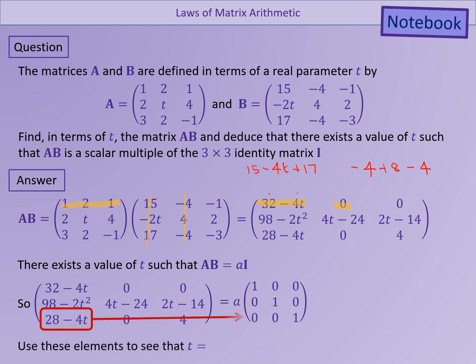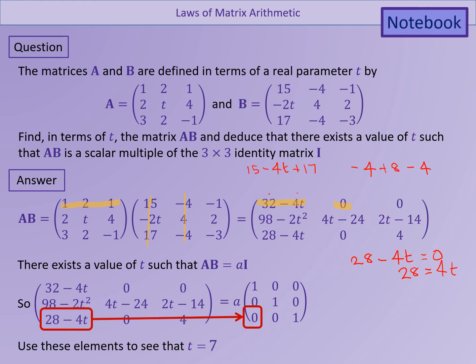Okay, so if we take that bottom element there, 28 minus 4t, it must have a value of 0. So if we rearrange this, take the 4t across to the right-hand side, I'll write that down. So 28 minus 4t equals 0. That would give 28 being equal to 4t.